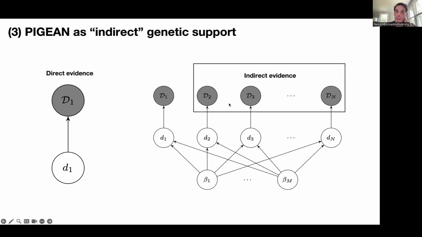So through this network, this indirect evidence, these genes indirectly support the gene you're looking at by propagating back through this network, through the shared annotations and up to the gene. So ultimately that gives us the direct evidence for the gene from the huge scores, then the indirect evidence from the gene sets.